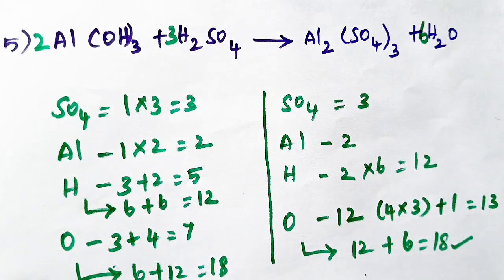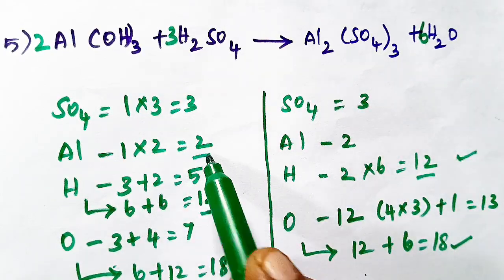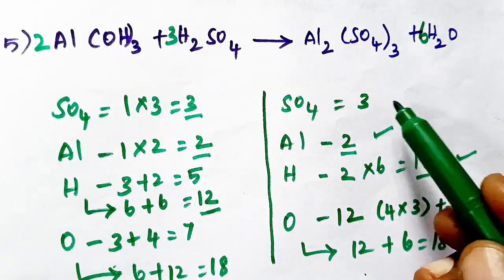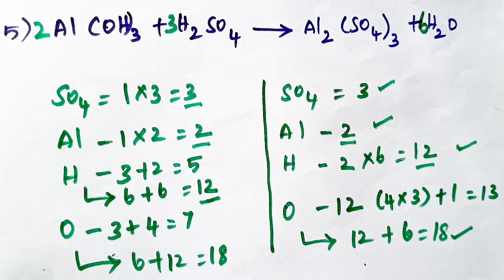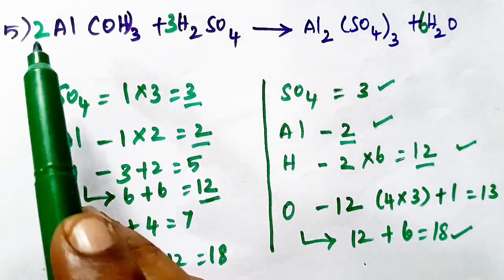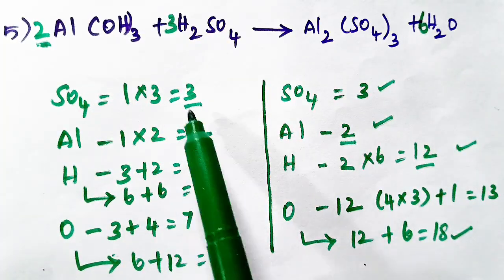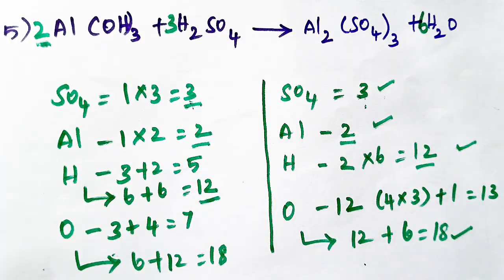So oxygen is balanced and hydrogen balanced and aluminium is balanced, then your SO4 is also balanced, so your equation is balanced. So you have to continuously adjust your coefficients and recount the number of atoms until the number is the same on both your reactant side and product side.